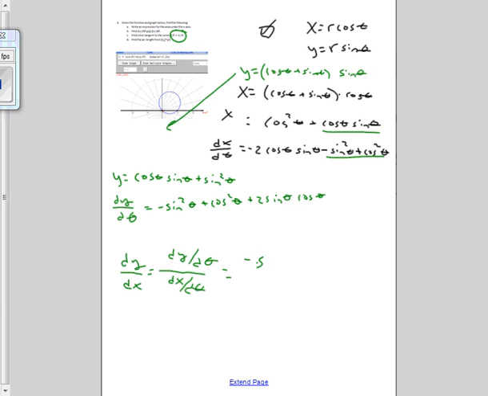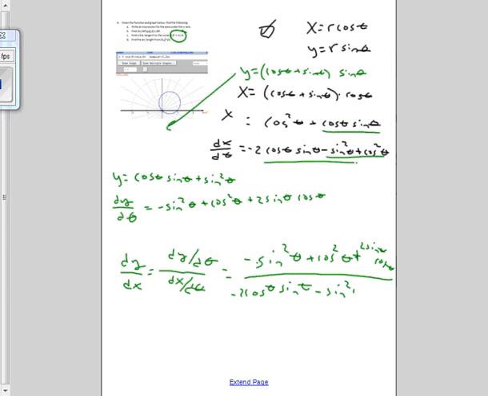So negative sine squared theta plus cos squared theta plus 2 sine theta cos theta, all over negative 2 cos theta sine theta minus sine squared theta plus cos squared theta.